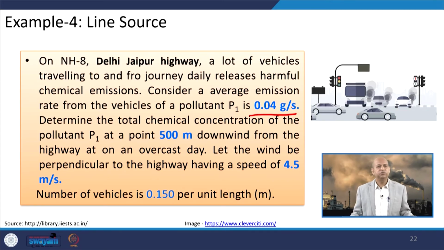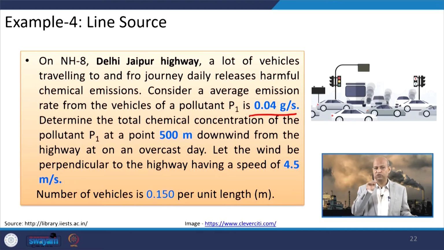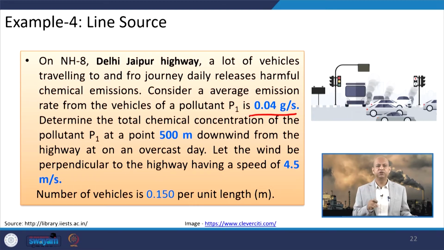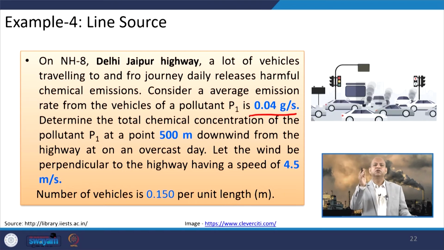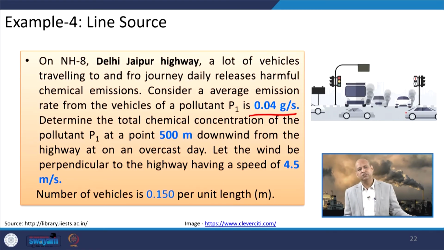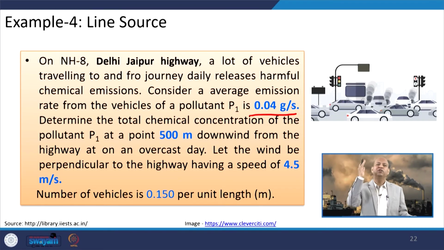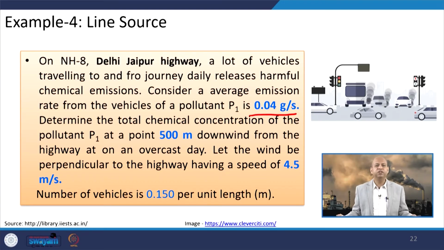What is to be determined? Determine the total chemical concentration of that pollutant P1 at 500 meter downwind from the highway. Downwind from the highway means we assume that the wind is blowing perpendicular to the highway, as in the line source dispersion model we discussed. On that downwind distance of around 500 meter, what will be the concentration?